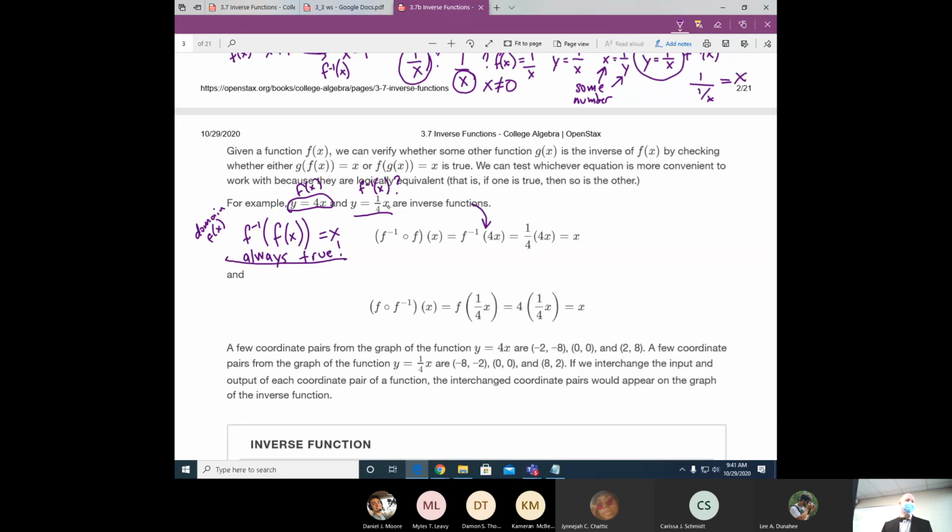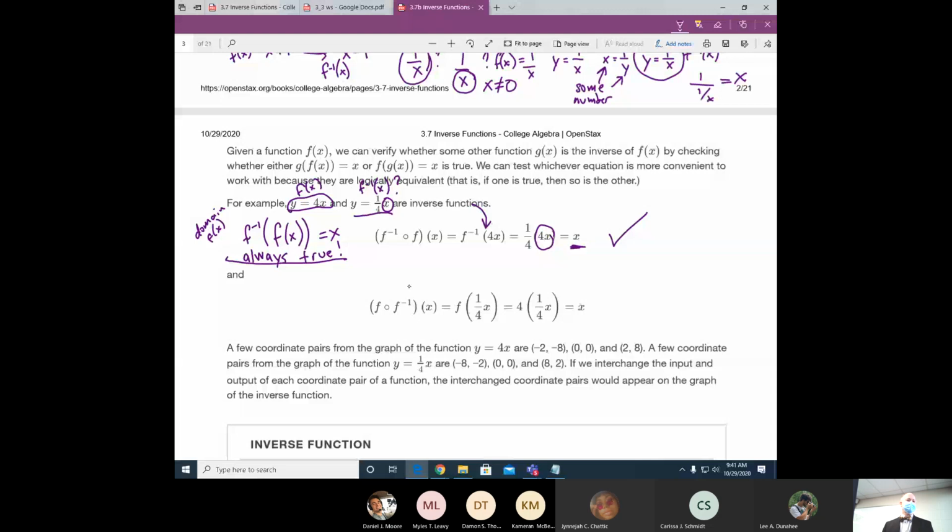If I take 1/4 of whatever I give to this inverse function, 1/4 x, do I get back my x? Okay, let's see. I take 1/4 of whatever I feed it. And yes, indeed, I do get back x. Therefore, I have checked, yes, this is f inverse of x.